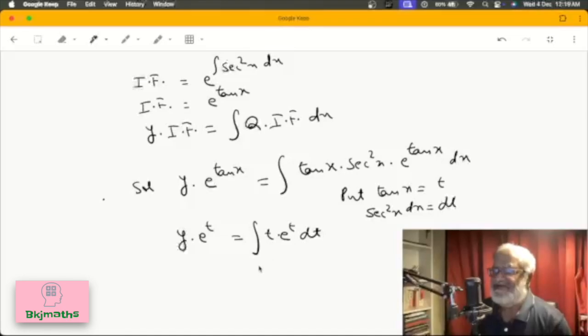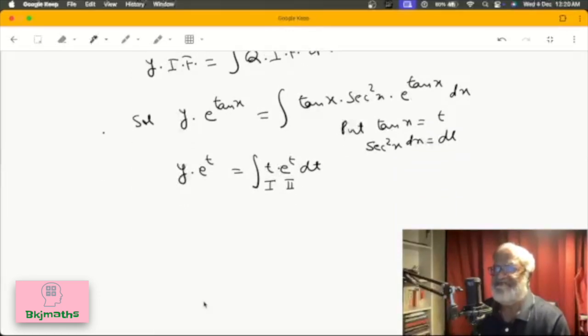Now in the right hand side a question of integration. So it is integration by parts. So by ILATE, t is algebraic, so it is the first function and e to the power t is second.